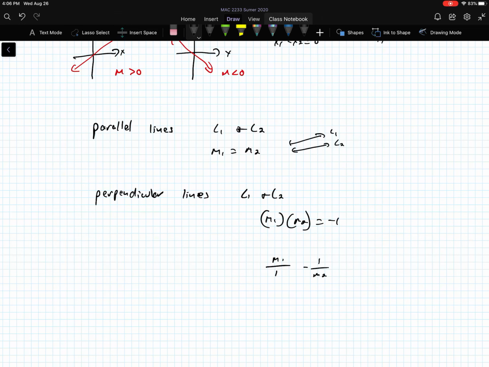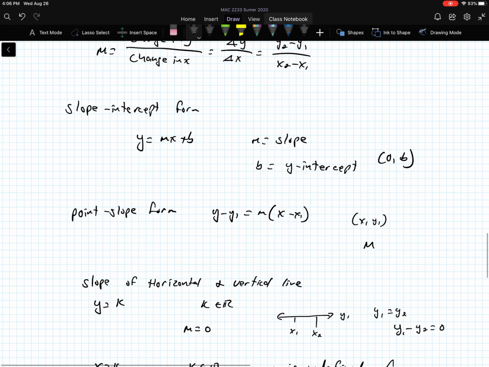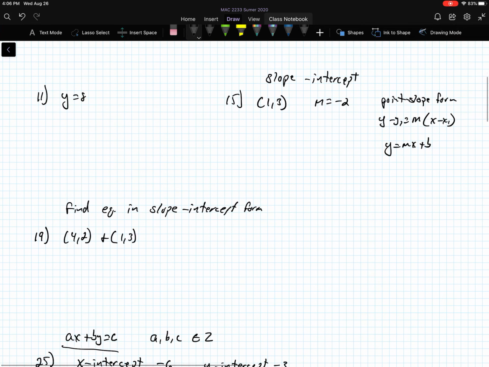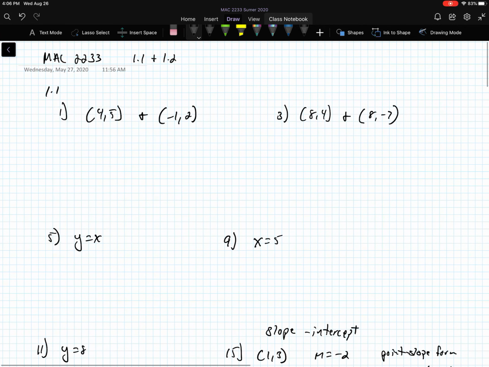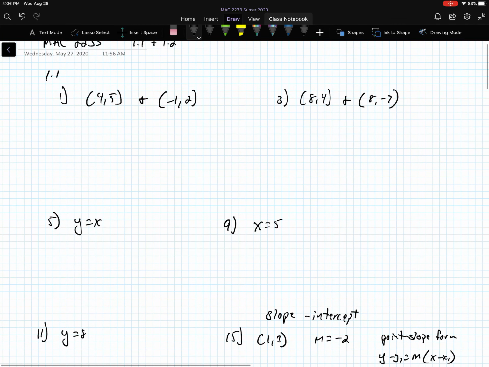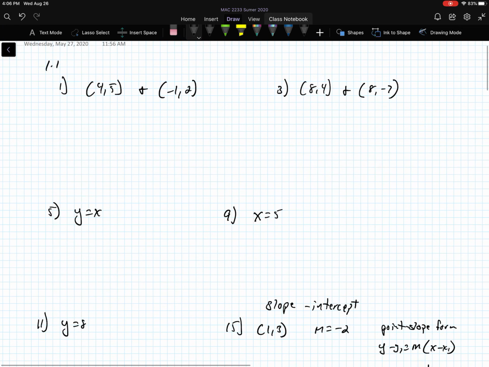So let's look at the first problem here. I think we covered all the formulas. We'll go back up to look at number 1. I'm just following the textbook here real quick. Number 1 is asking us to find the slope between these two points. I'm just going to label these so it makes life a little easier.